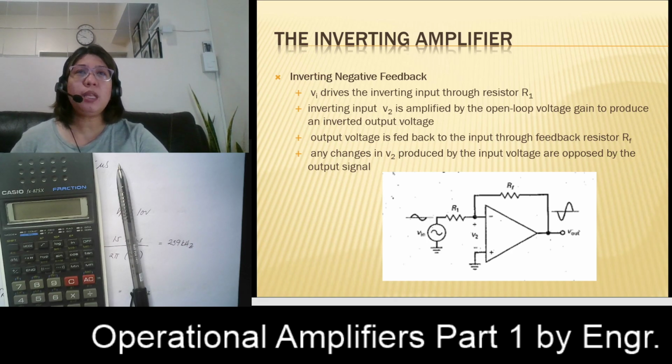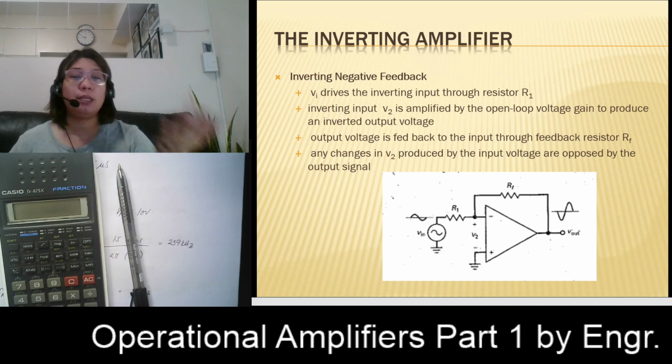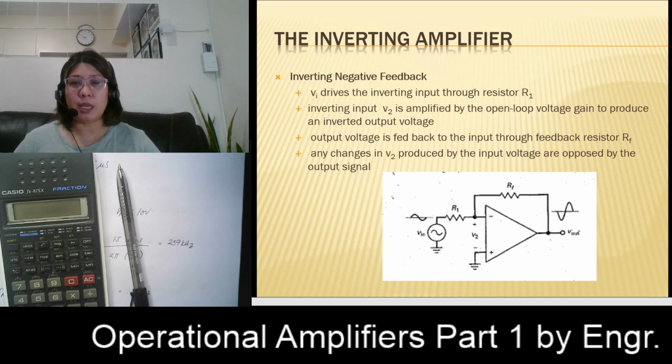Once the output is increased, it will feed back more voltage to the inverting input, which reduces V2. Since this is negative, it will be opposing, so it will cause a decrease in V2.